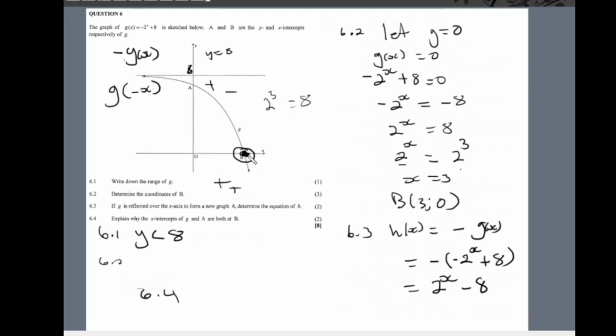But then the values which are at the x-axis will just stay there, because the x-axis will sort of be our axis of symmetry, if maybe we can call it that. So yeah, the graph of H will sort of look like this, and then it will also have the x-intercept at B. Okay, I hope that makes sense.